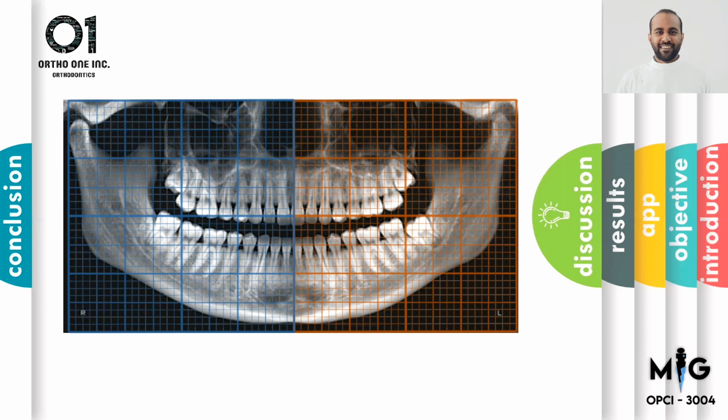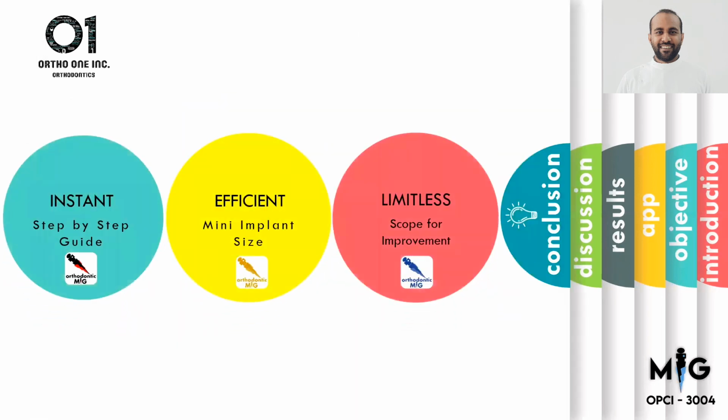The app can help the user to determine the height of insertion and also to measure the interradicular spaces. To conclude, this app provides an instant step-by-step guide, it is comprehensive, and it is efficient in saving time. And lastly, there is limitless scope for improvement in this app, and you can keep modifying it in future versions. Thank you for your patience.